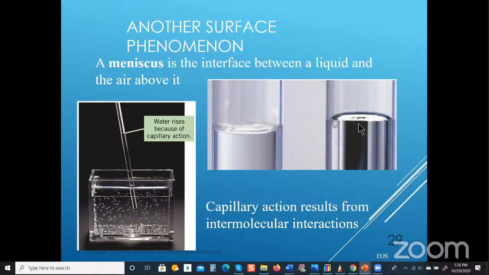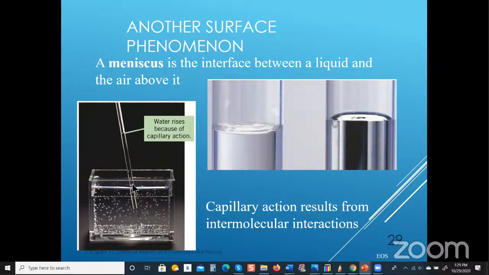So that's basically another phenomenon that can be explained based on the type of forces that exist in a substance. And related to that, we can explain capillary action, right? Capillary action is what happens when you have a very narrow tube placed in a liquid, and the liquid simply moves up the tube, against gravity, without you sucking up the liquid into the tube, all right?